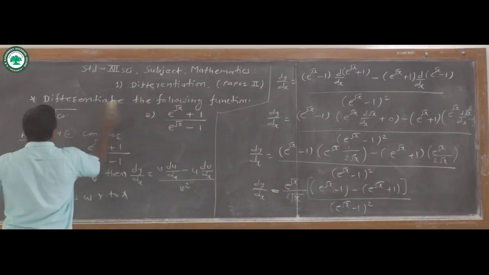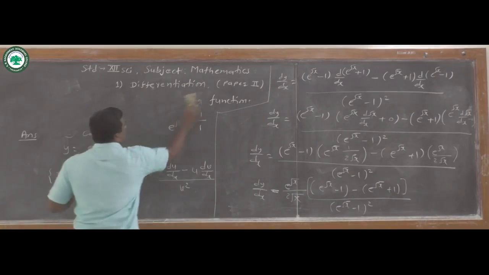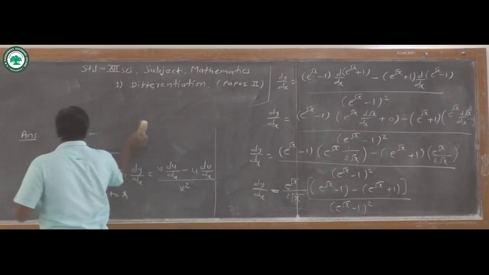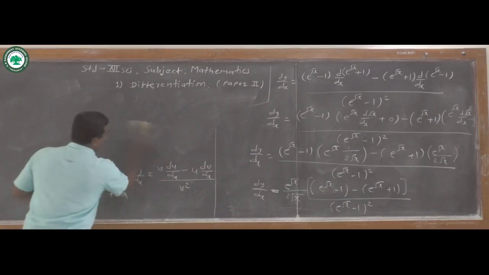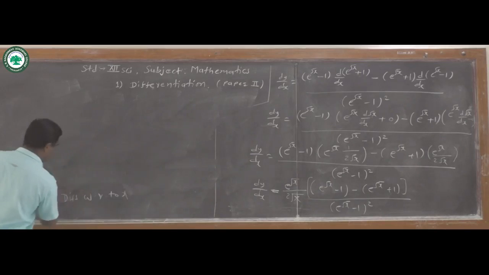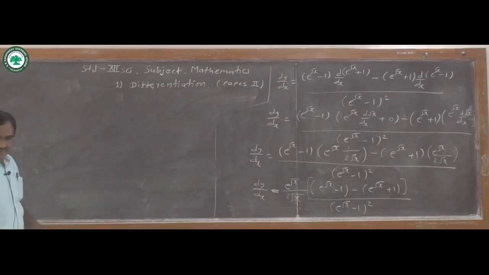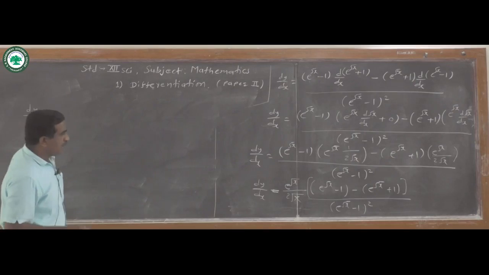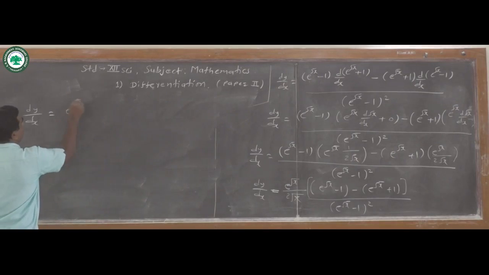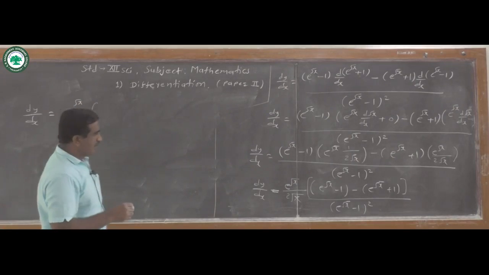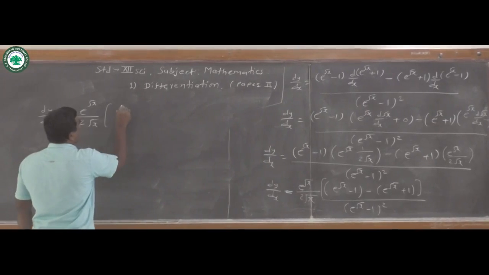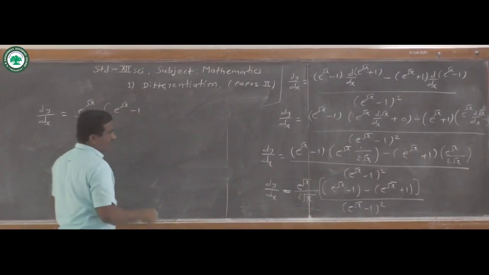Now further, dy by dx is equal to e raised to root x upon 2 into under root x, as it is, into, in bracket, e raised to root x minus 1.